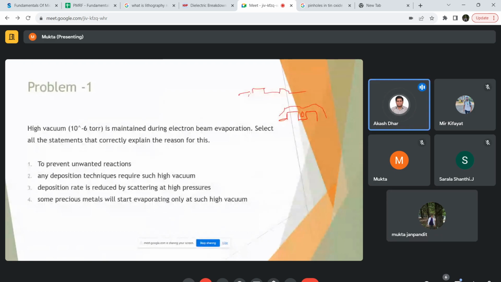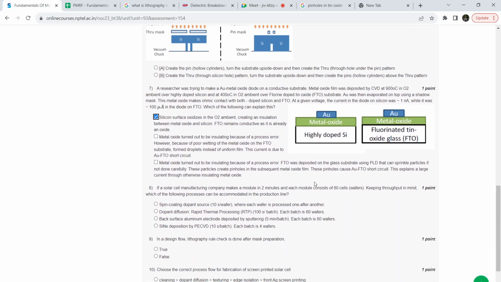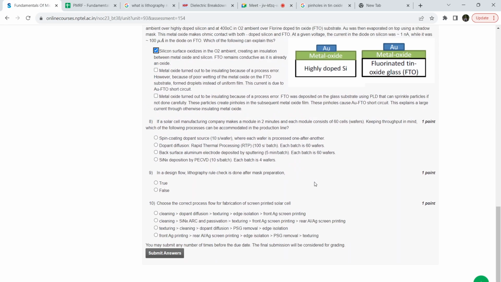And one last approach I just want to know on question number 8. If you read it, then I will be able to clarify the approach. If a solar cell manufacturing company makes a module in 2 minutes and each module consists of 60 cells, wafers, keeping throughput in mind, which of the following processes can be accommodated in the production line?